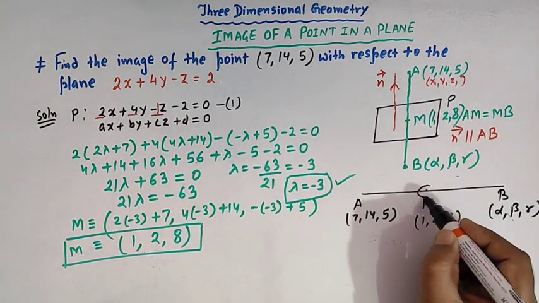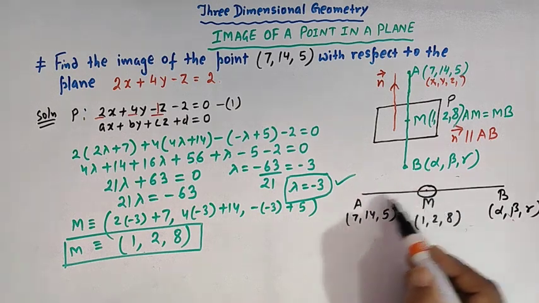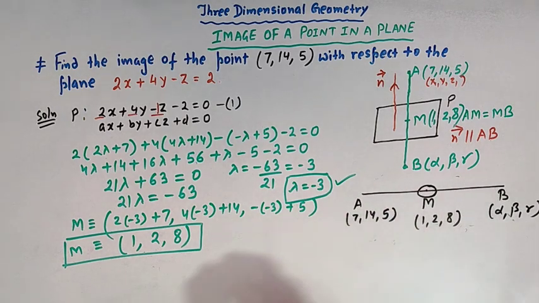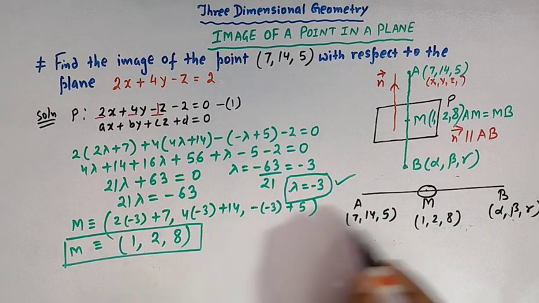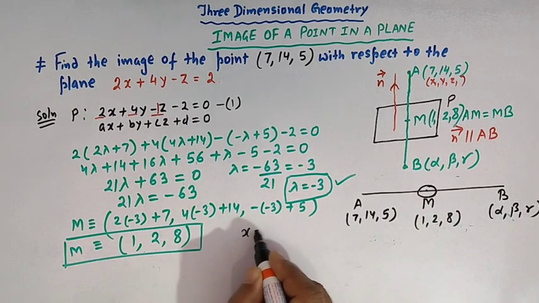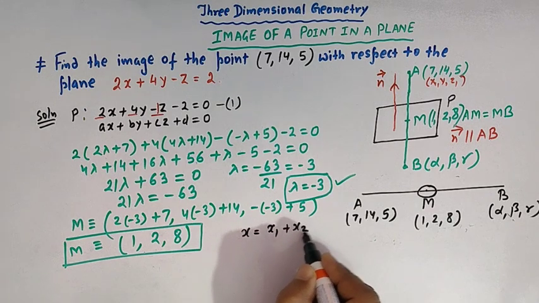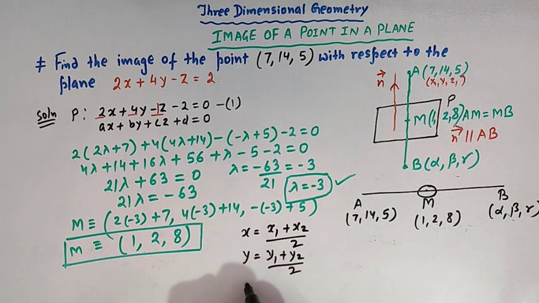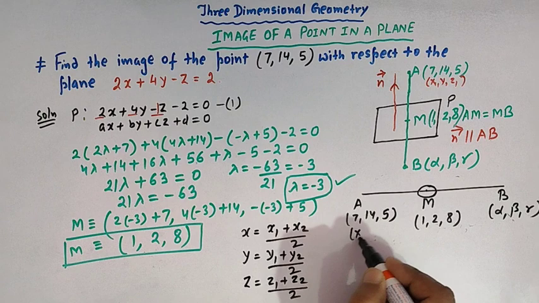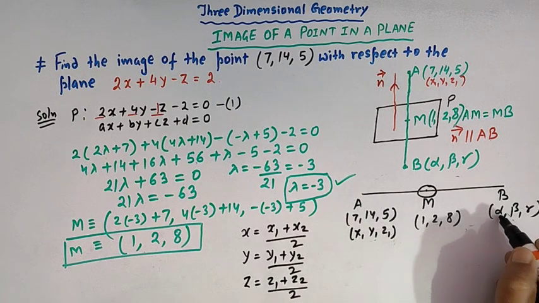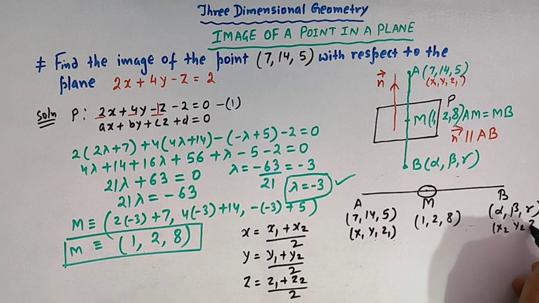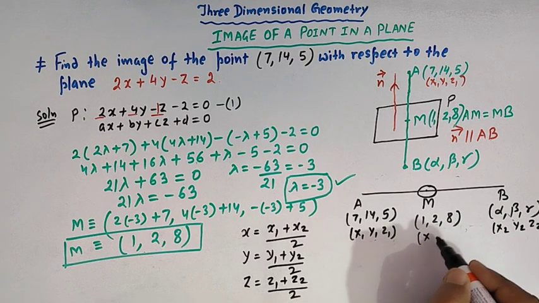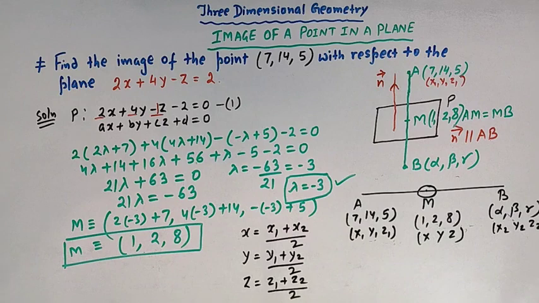And since M is situated at the midpoint of AB, so by the midpoint formula, we can have x is equal to (x1 plus x2)/2, y is (y1 plus y2)/2, and z is (z1 plus z2)/2, right? And here this point is x1, y1, z1. This point is x2, y2, z2, and this point is x, y, and z, right?